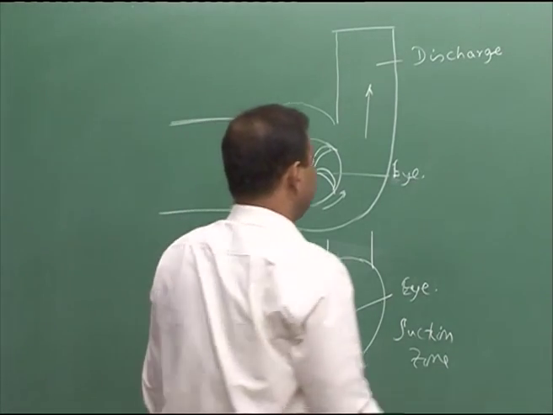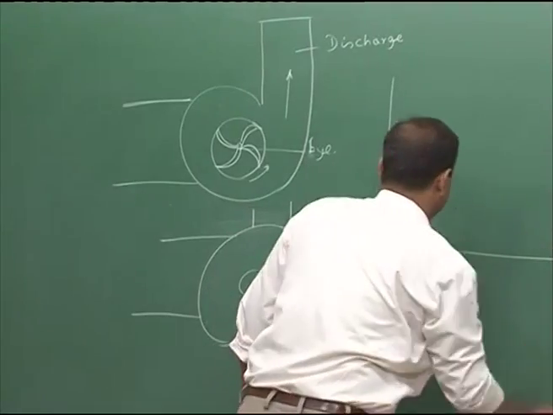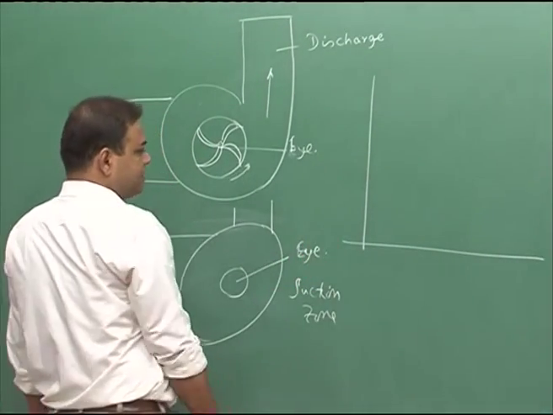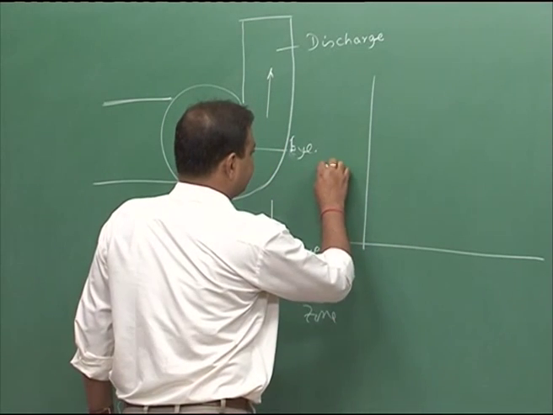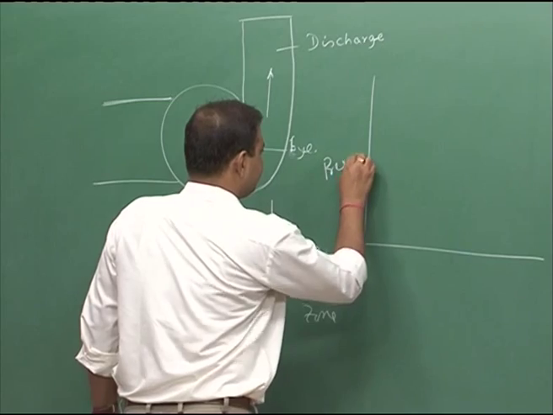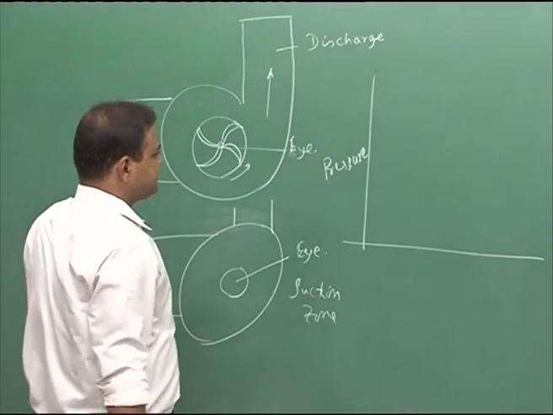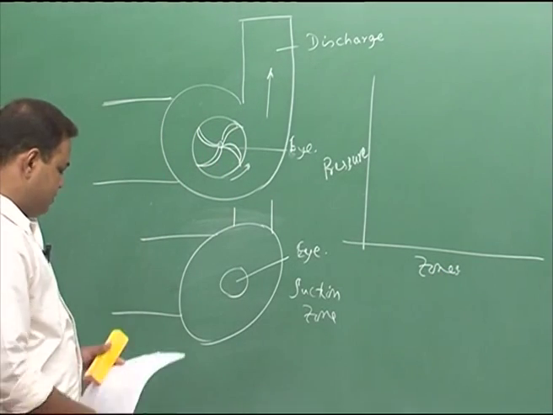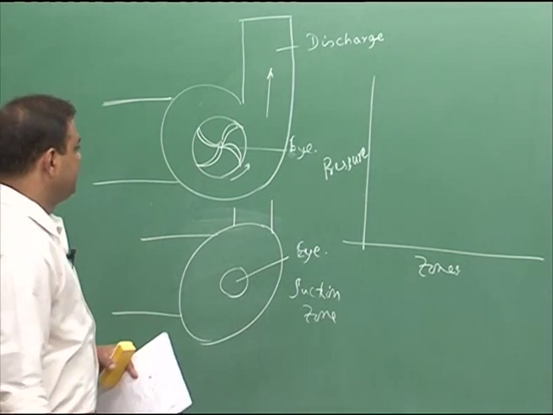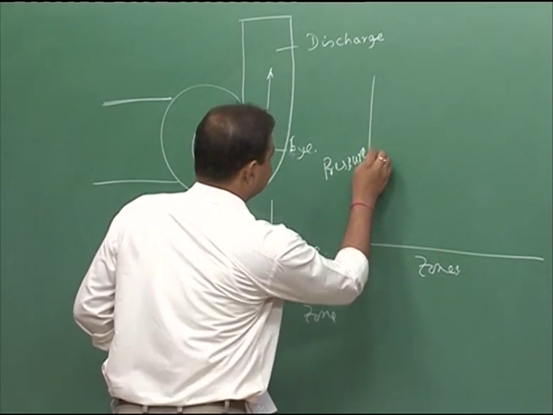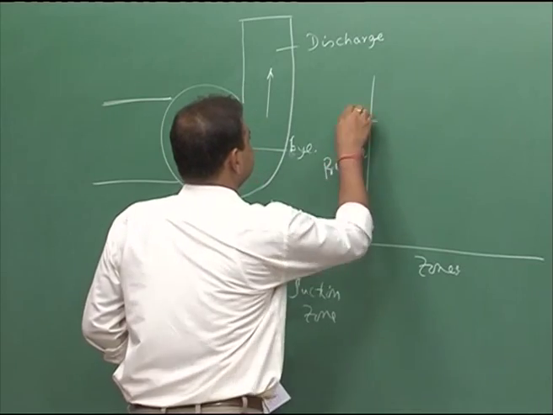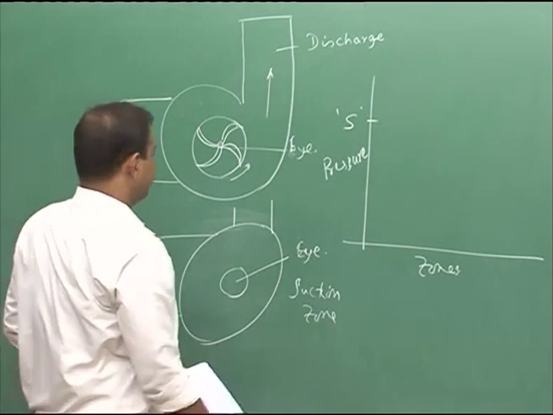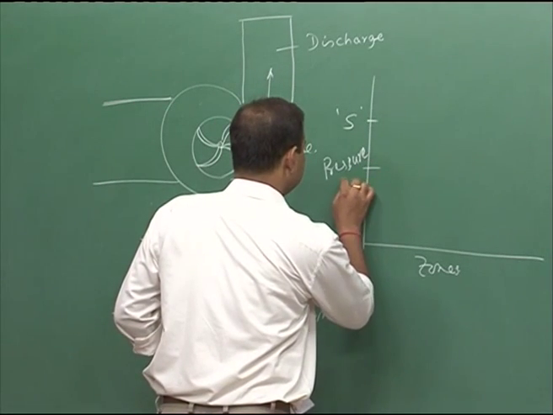Now, if you see the pressure-zone relation, let us say this is the pressure and these are the different zones. The pressure at the suction zone is low, and the pressure at the eye zone is still further low.